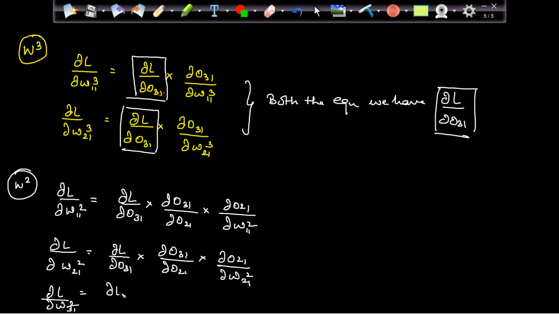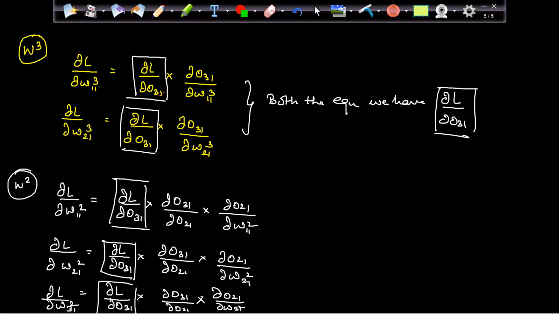And finally, for the last one, dou L by dou O31 multiply by dou O31 by dou O21 multiply by dou O21 by dou W312. And you can see that this particular part of this equation, this part, and this part are the same as this, right?